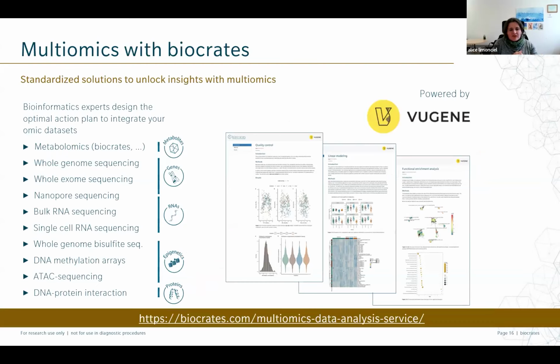Viewgene has built beautiful pipelines for multiple types of omics, including, of course, metabolomics. And they combine these different pipelines based on the needs of the customer to make a tailored multiomics approach to each data set and provide the results. If you're interested in this approach, you will hear more about it in the next talk, but you can also go to the Biocrates webpage to learn more about it.